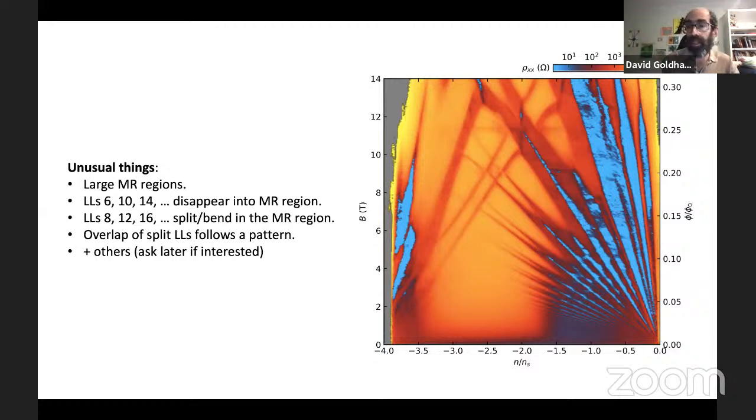Douglas Hofstadter, when he was doing his PhD physics thesis, considered this problem of a periodic lattice and a magnetic field normal to the plane, and found that you get not just the regular Landau levels, but all kinds of lines that cross each other. But what they don't do is split.